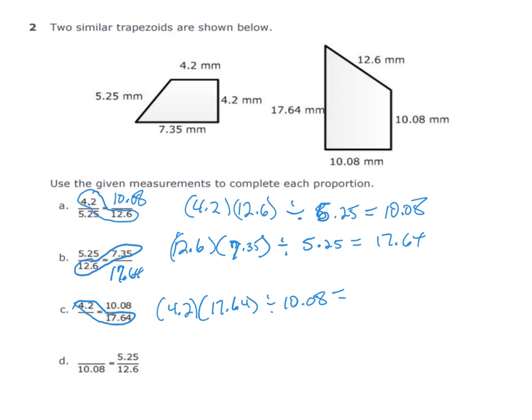So let's see what we'll get. 4.2 times 17.64 is going to equal 74.088, and we'll divide that by 10.08, and I get 7.35. And it goes here.